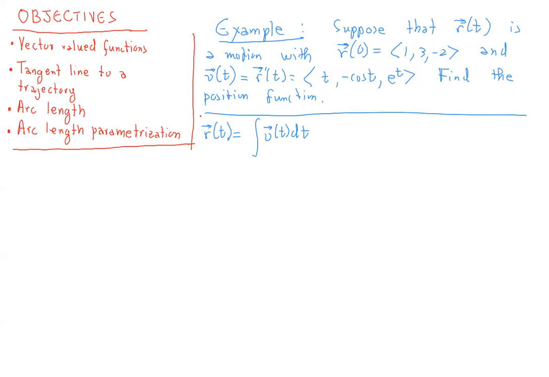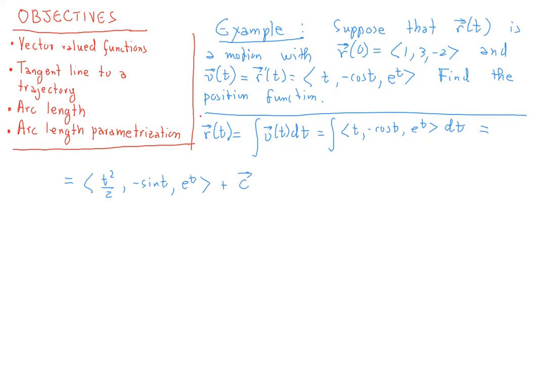So let's begin by computing the indefinite integral of t, minus cosine t, e to the t, so as to show how we're going to handle the constant. Because what will happen is that we have t squared over 2, negative sine t, e to the t. These are the antiderivatives of the three components. And then instead of putting c1, c2, c3, we put plus a vector c.